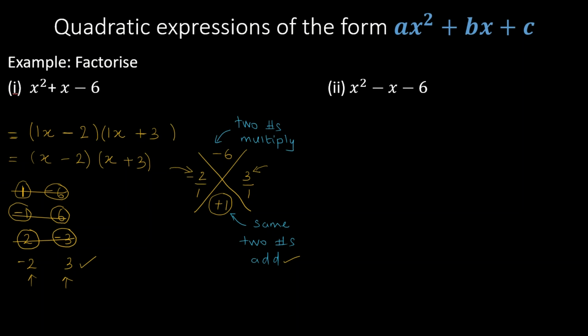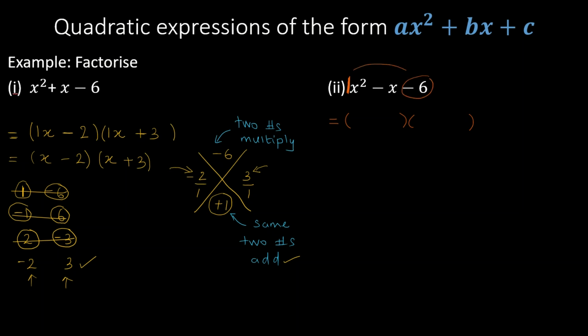Here we have x squared minus x minus 6. So when we factorize, we are going to obtain two pairs of brackets. The leading coefficient is 1 and the last term is negative 6.